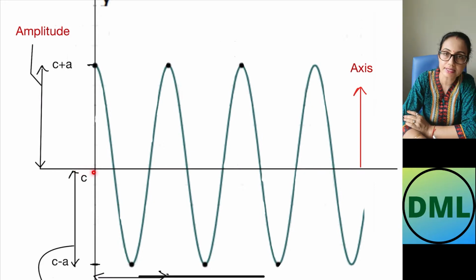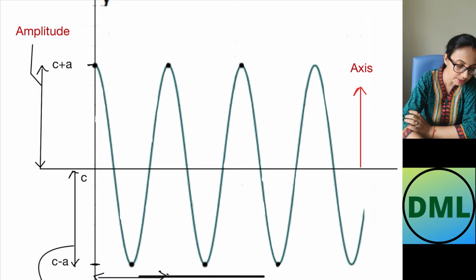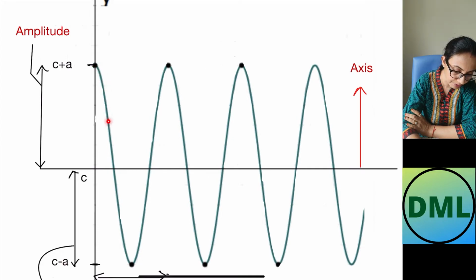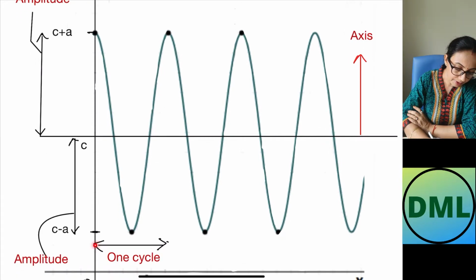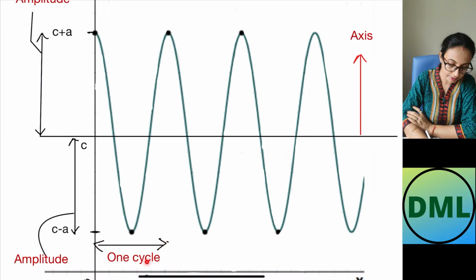Our axis is at c. So it will go a units above the axis and a units below the axis. So the value at the top is c plus a, and the value at the bottom will be c minus a. Our one cycle will start from here, it will go down and it will finish till here. That means from here 0 degree till here, this is our one cycle and this will be our axis.